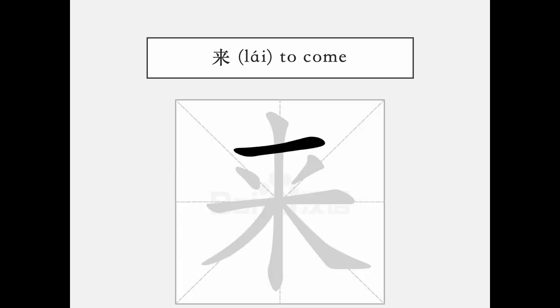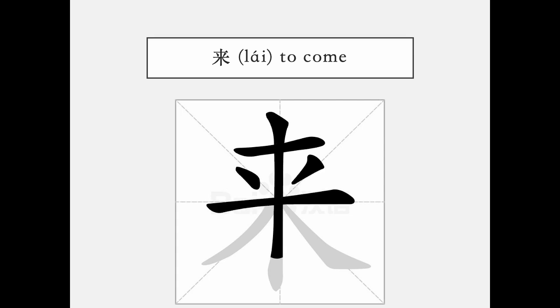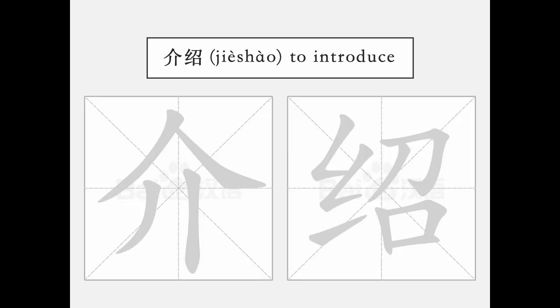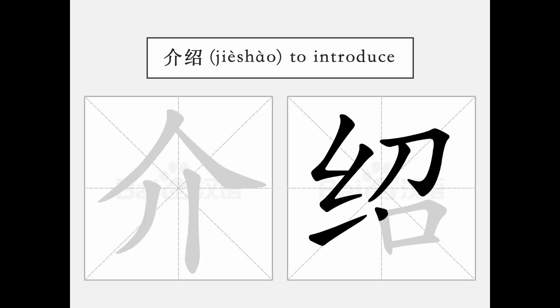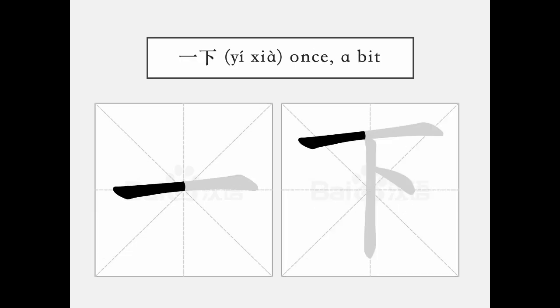来, meaning to come. 介绍, meaning to introduce. 一下, meaning once or a bit.